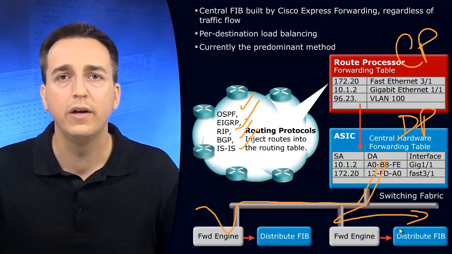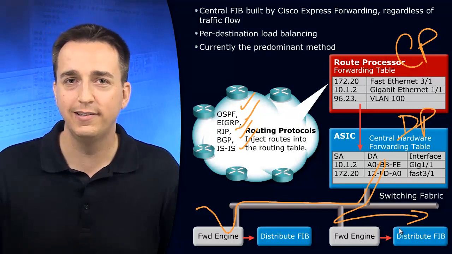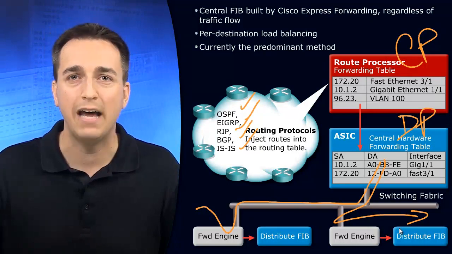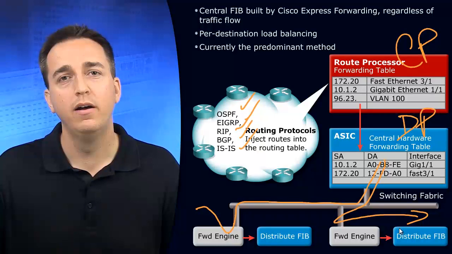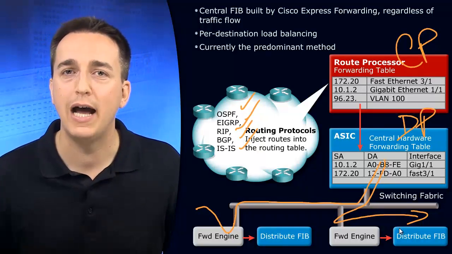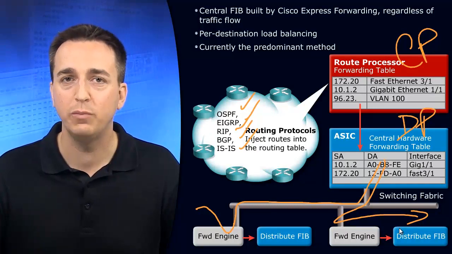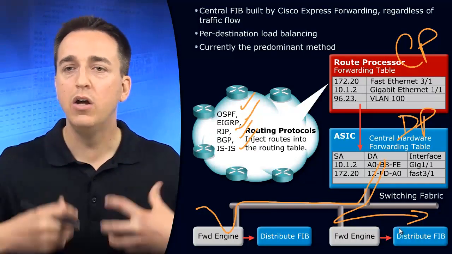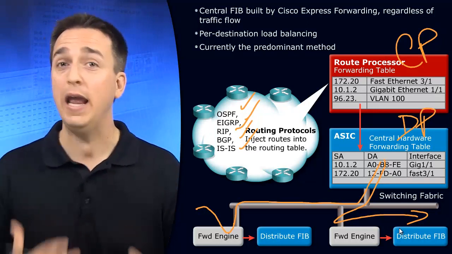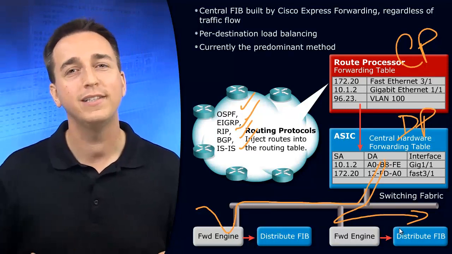This is a much faster, quicker, efficient process. CEF, Cisco Express Forwarding. What we're looking at right now is centralized switching for CEF. Centralized switching, meaning that there's a centralized repository of tables and information at the data plane that are going to be utilized to make forwarding decisions.